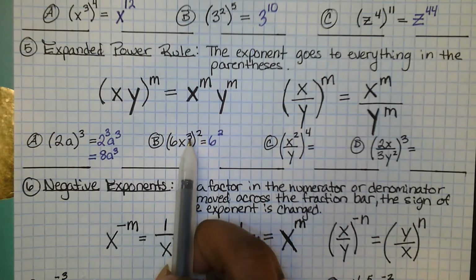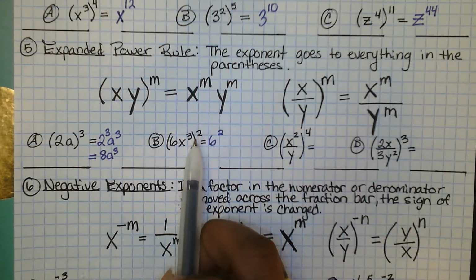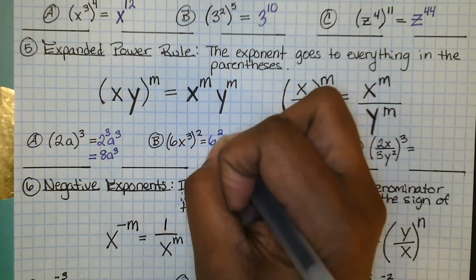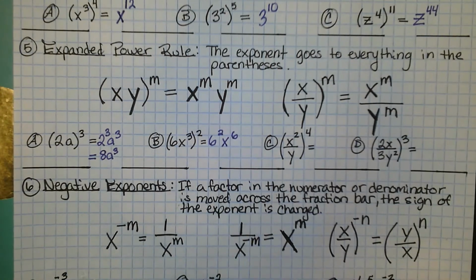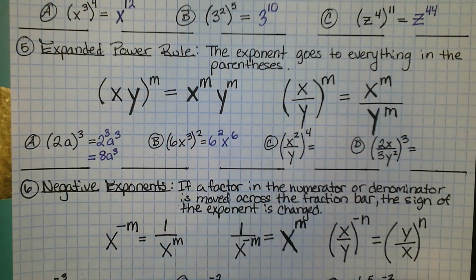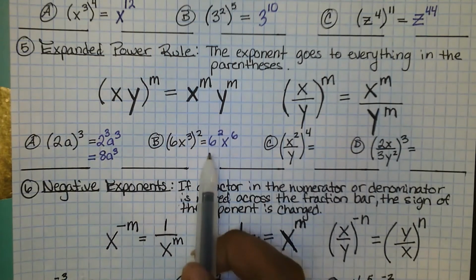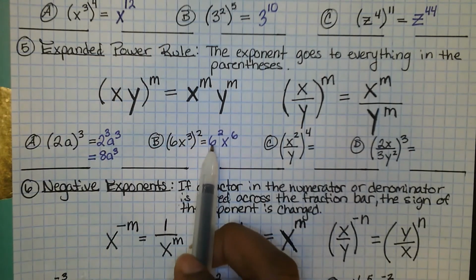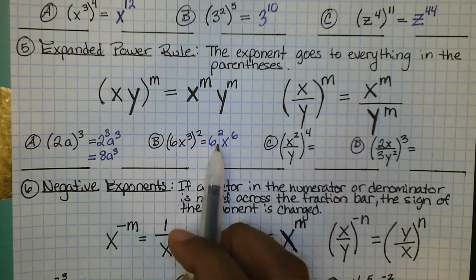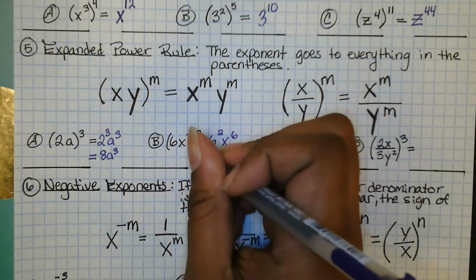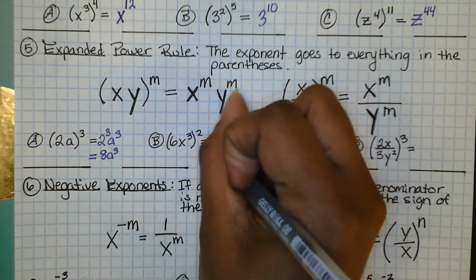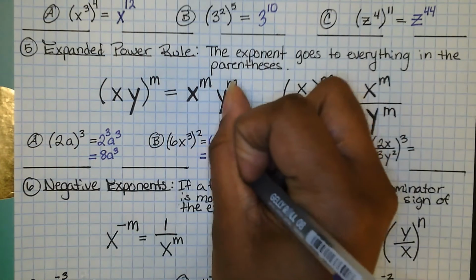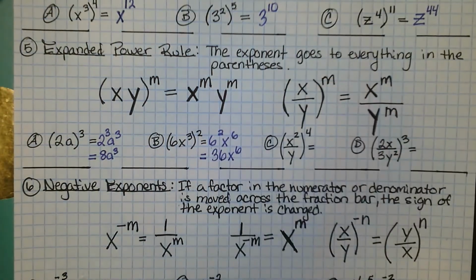So when we're raising a power to another power, we have to multiply to get the exponent. So this will be expanded. This is 6 squared x to the 6th power. But again, if the base is some number, then we need to go ahead and evaluate. So 6 squared, which is 6 times 6, is equivalent to 36 x to the 6th power.